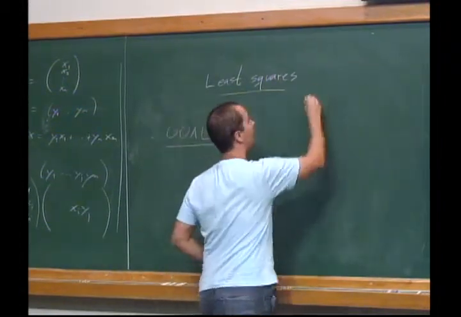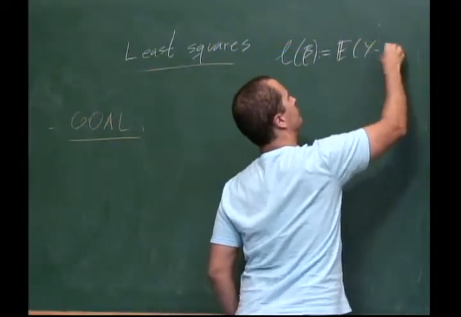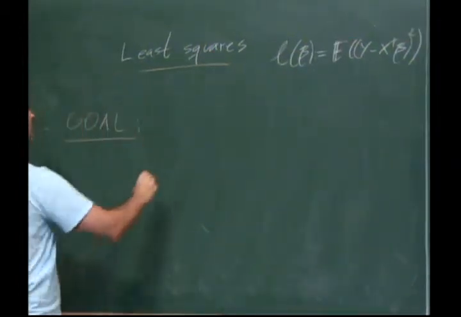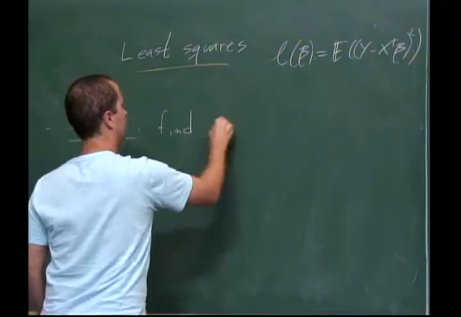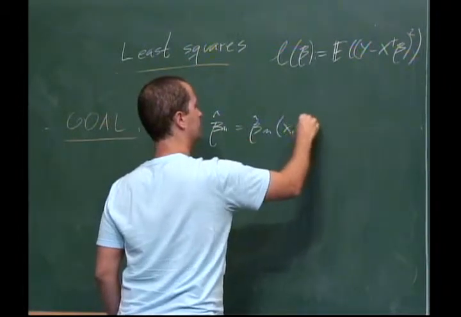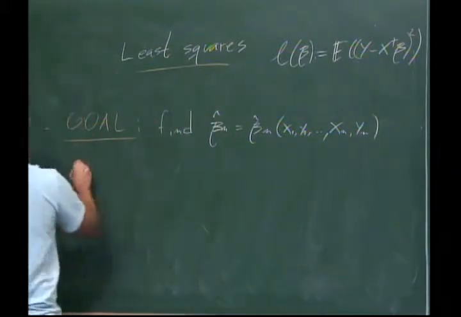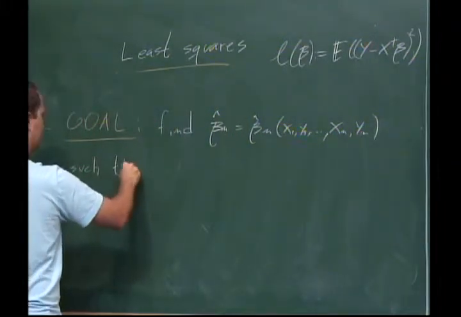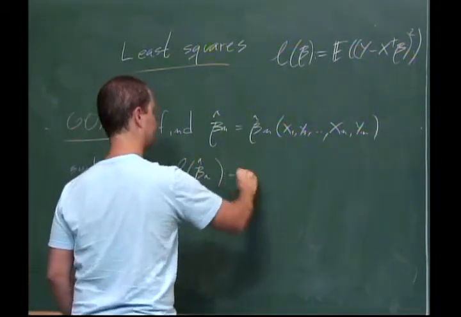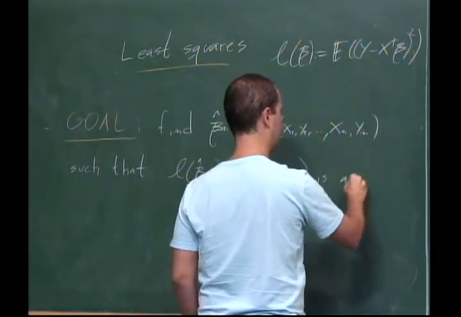Well, let me remember we had this loss function here. And you want to find a vector from the data. So it's a function of the data if you want. Such that this is as small as possible.